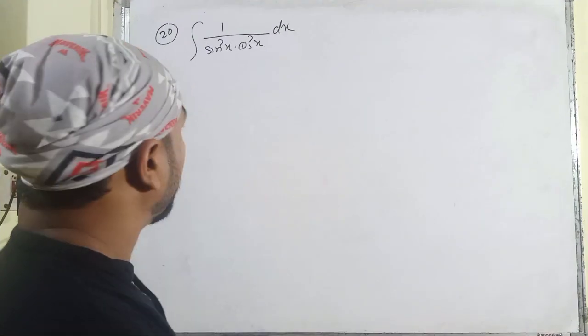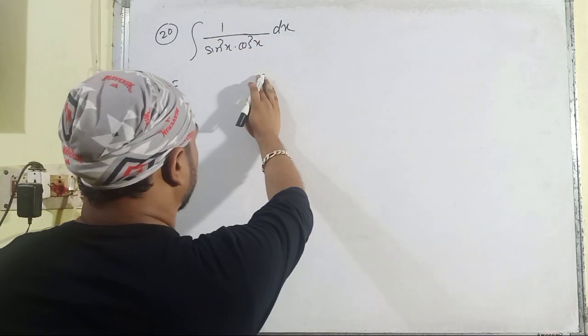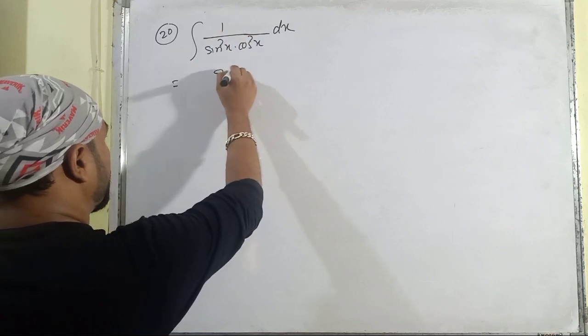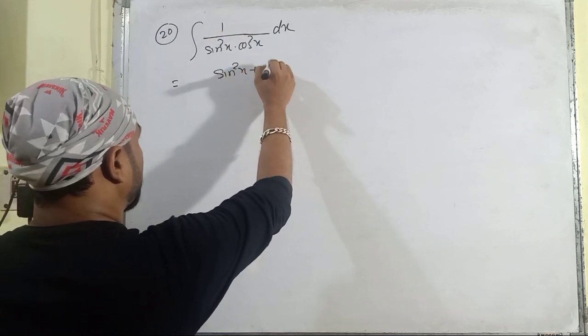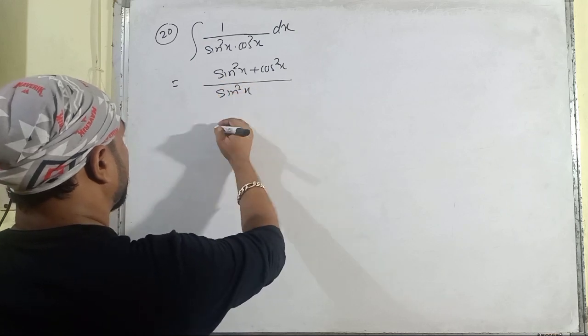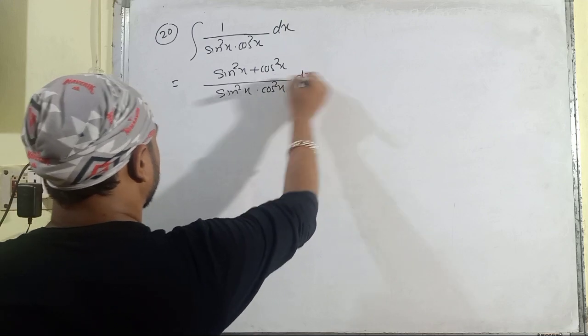Now it is time for problem number 20. It is given: integral of 1 upon sin square x multiplied with cos square x with respect to x. In place of 1, we can put sin square x plus cos square x, whole divided by the unchanged term, sin square x multiplied with cos square x.